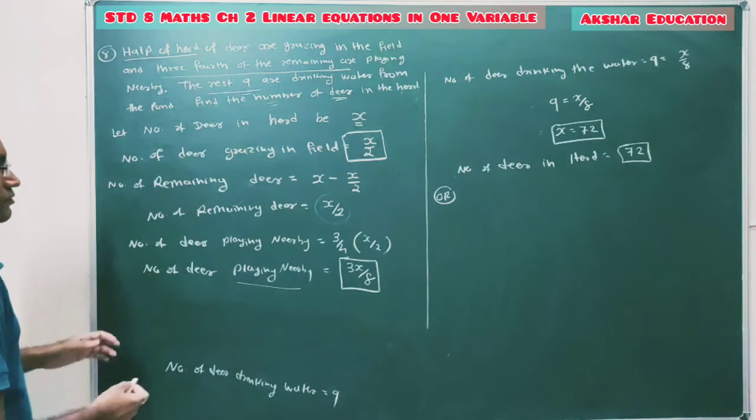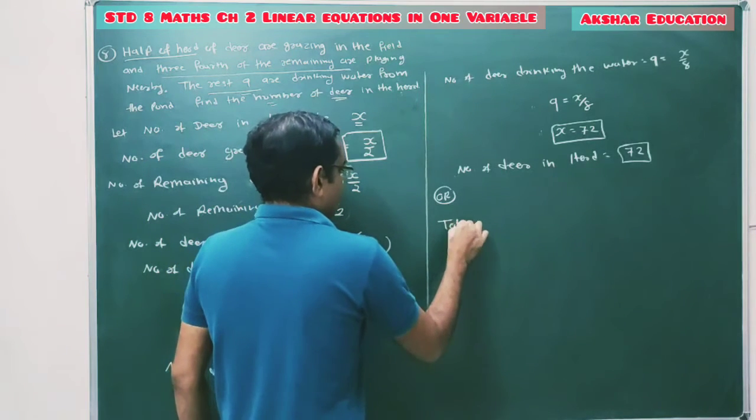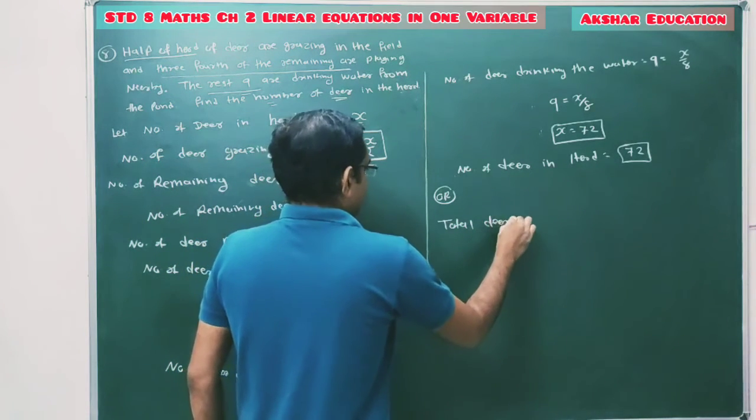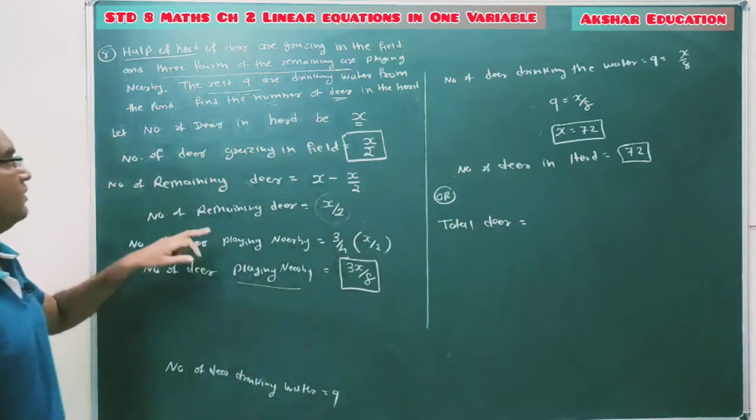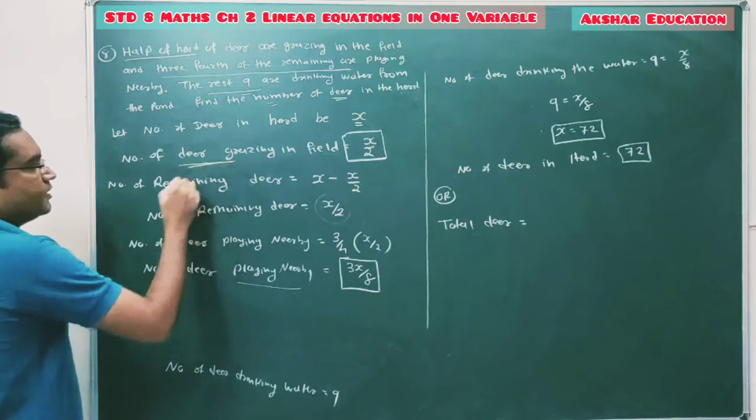So here we are having total number of deer x. So total deer थे उसमें से, कुछ deer क्या कर रहे हैं, deer grazing in a field.